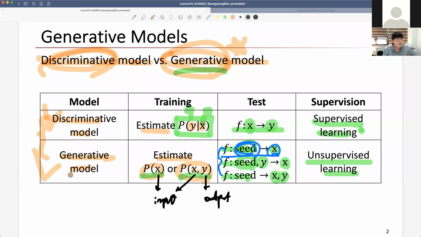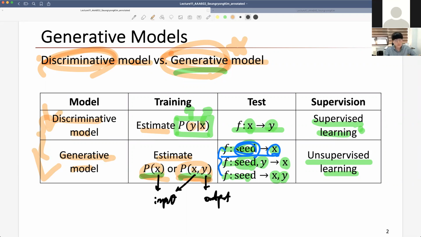So what is the generative model? In the generative model, we attempt to estimate the input probability, or the joint probability of the input x and output y. If we have the input probability or the joint probability of input and output, we can do many things.